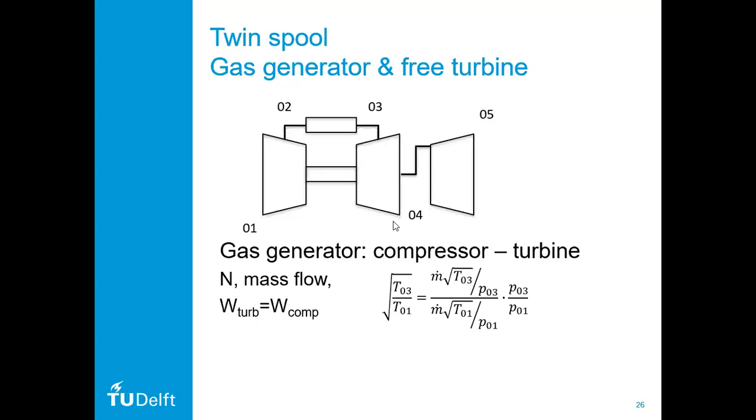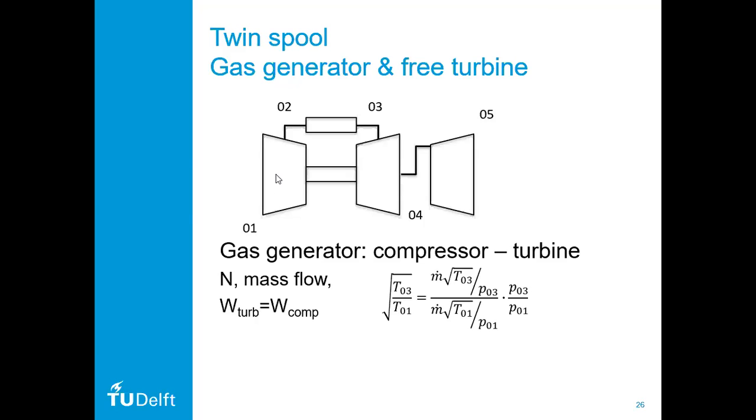So that's important here. An important aspect of the gas generator, or of such a twin shaft turbine, is that this compressor turbine is only used to drive the compressor. So there's a mass balance or an energy balance between this turbine and this compressor.